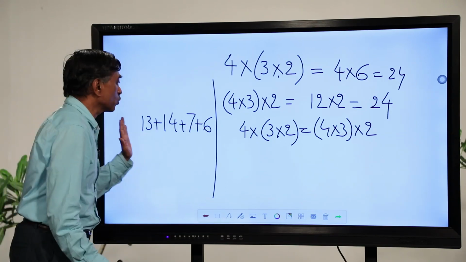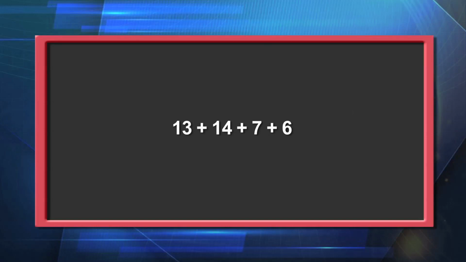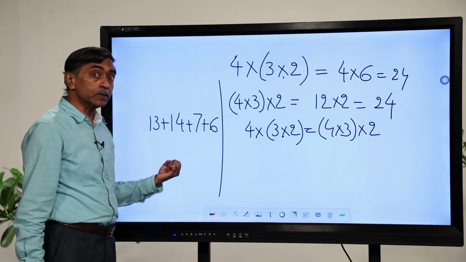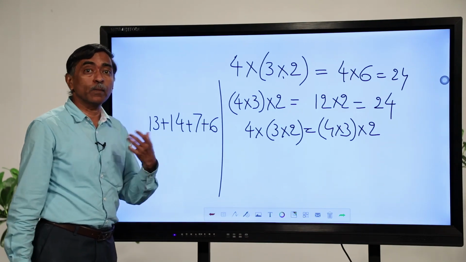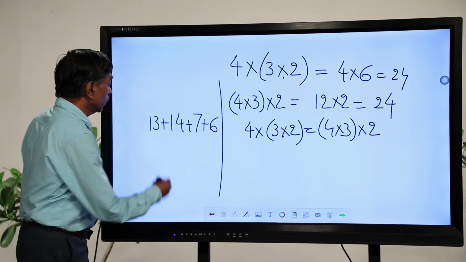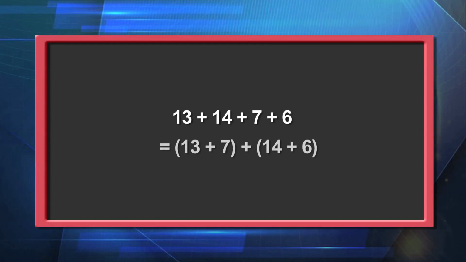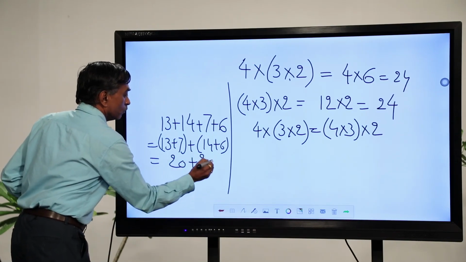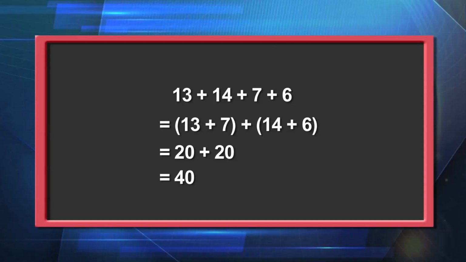One way is I just go on adding and get some number. The other way is, can I think of additions so that I get numbers that can be quickly added? For example, I can say this is 13 plus 7 plus 14 plus 6, and in both cases I am getting 20 plus 20, which is equal to 40. An easier way of doing that.